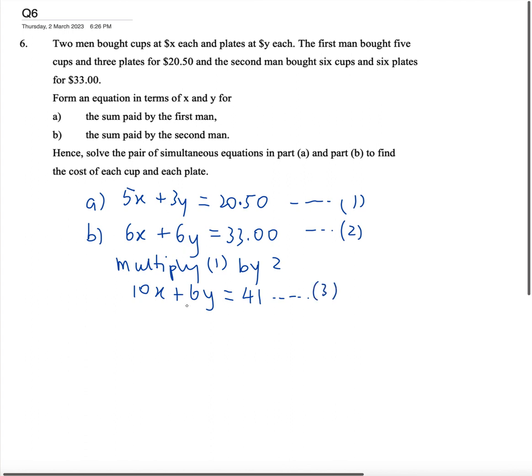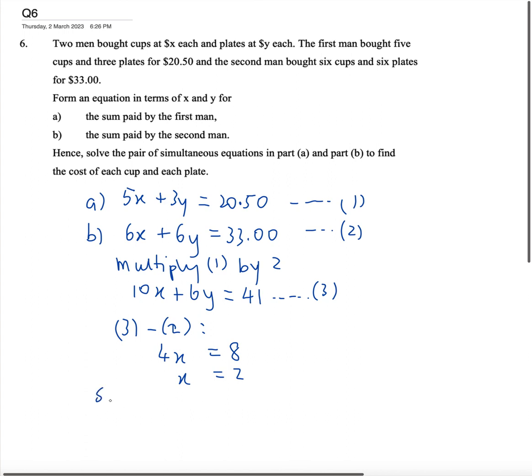Now we have a common term in 6y, so we remove it by taking equation 3 subtracting equation 2. So equation 3 minus equation 2, we have 10x minus 6x is 4x. And 6y disappears. 41 minus 33 is 8 on the right hand side. So this gives us x is 2.